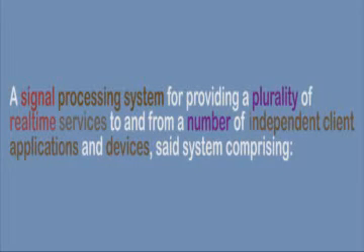Well, first, when it says a signal processing system, it's talking about a central computing unit providing a plurality of real-time services to and from a number of independent applications and devices. Essentially, what that means is it's somewhat axiomatic.